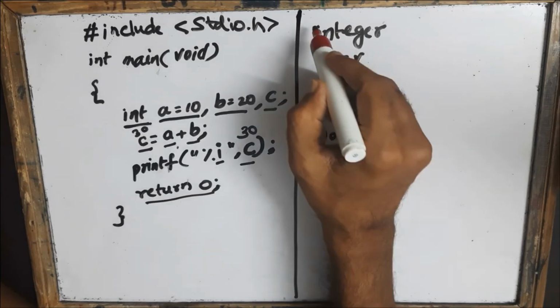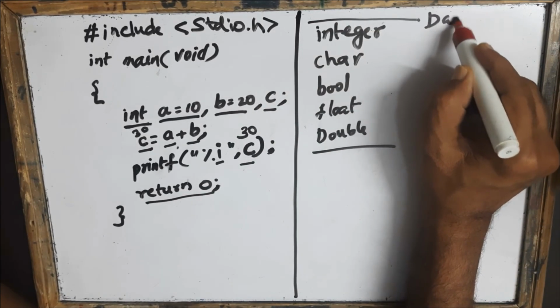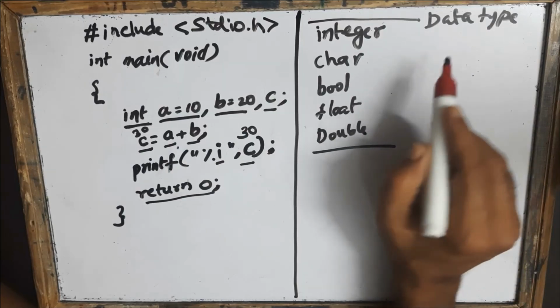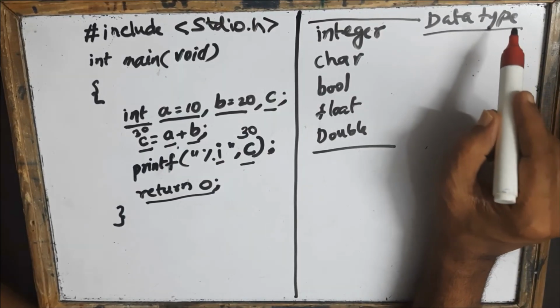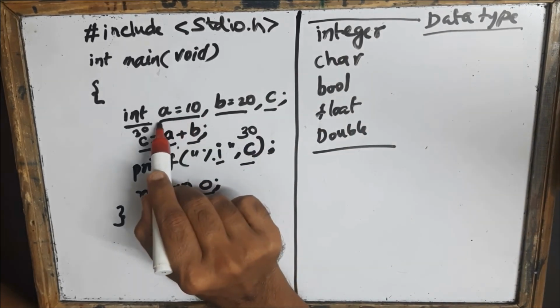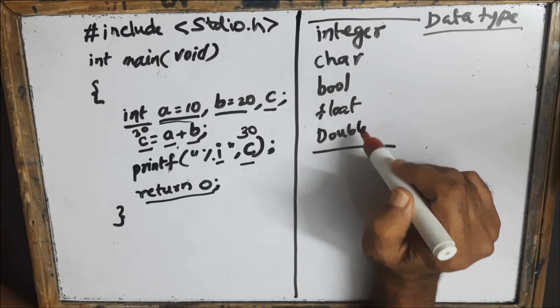These are the basic data types we have in C. We can declare the variables as an integer, a character, a bool, float, or double.